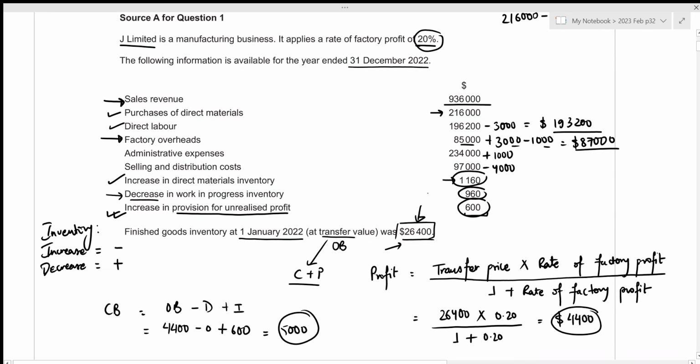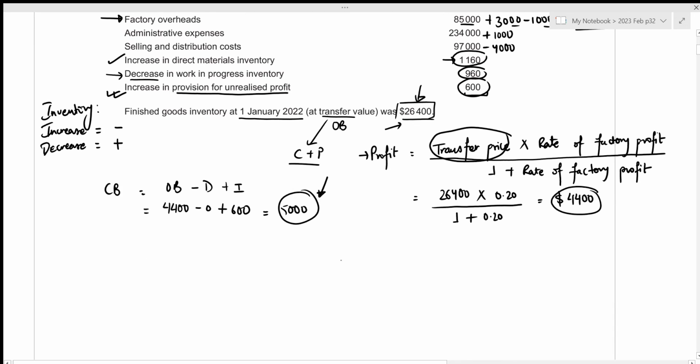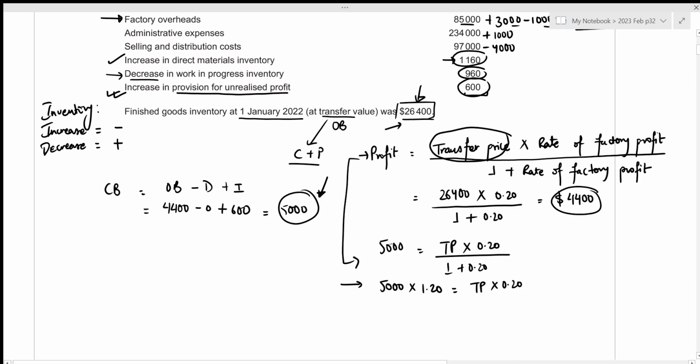Okay, in this case, we only have the unrealized profit for the closing balance, but we need to figure out our transfer price. So we're just again going to use the same formula. We already have the profit to be 5,000. We don't have the transfer price. That is what we're trying to figure out. We have the rate of factory profit to be 0.20, and that's 1 plus 0.20, which means that 5,000 times 1.20 is going to be equal to transfer price times 0.20.